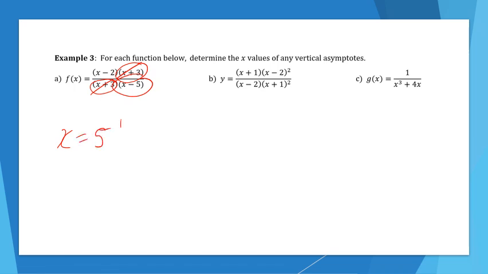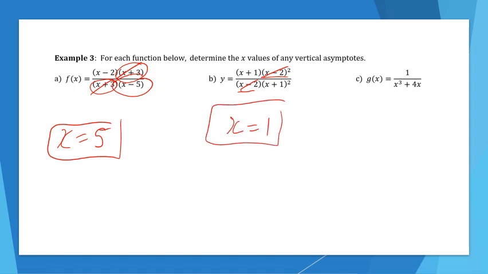This should be a vertical asymptote. Here, x equals 2 is going to be top heavy. It has a higher multiplicity in the numerator than the denominator. But at x equals -1, this should be bottom heavy, because the degree is bigger in the denominator than the numerator.